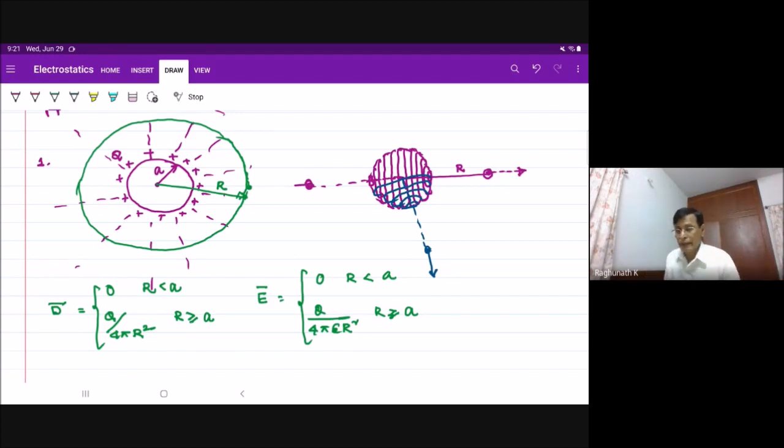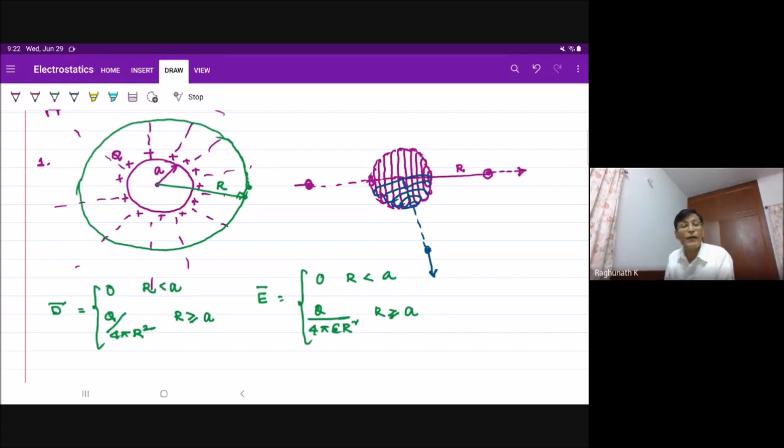Looking at the expression, whenever I want to determine the field at any point outside the sphere of radius a containing a charge of Q coulombs, we can assume that the entire charge is concentrated at the center.